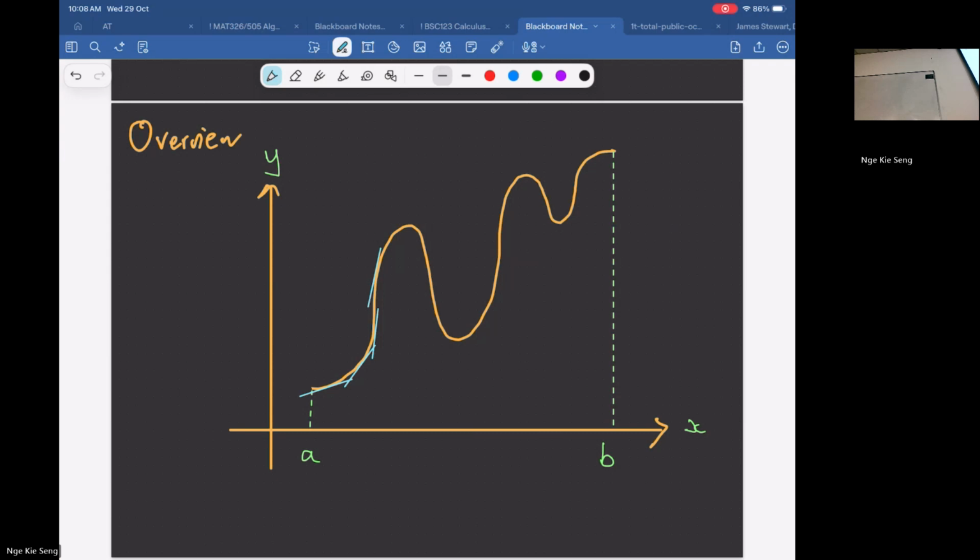Something like that, and a few tangents that I need to draw.